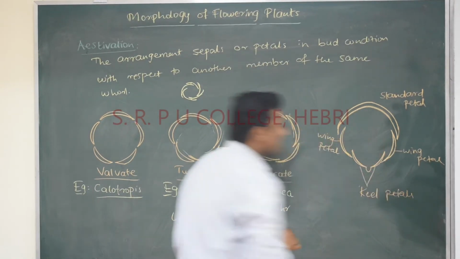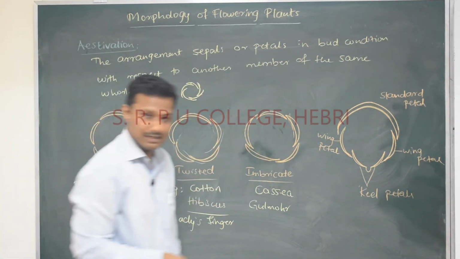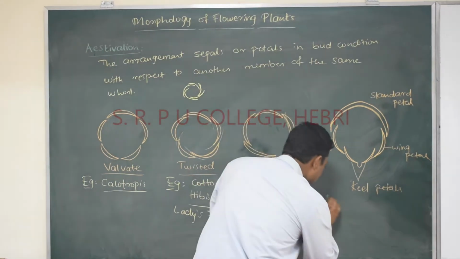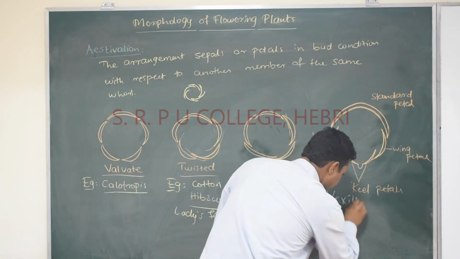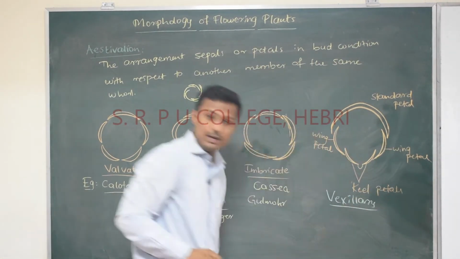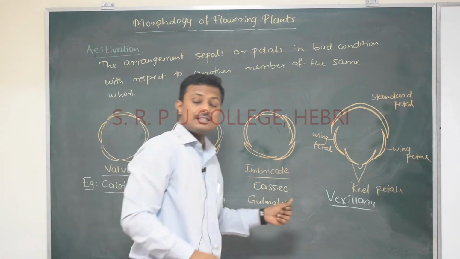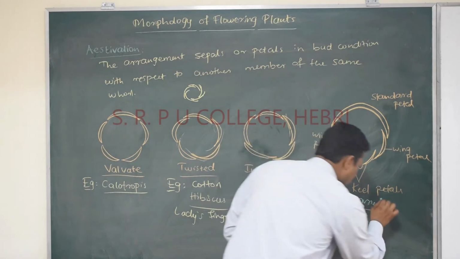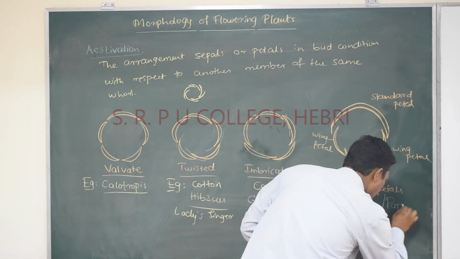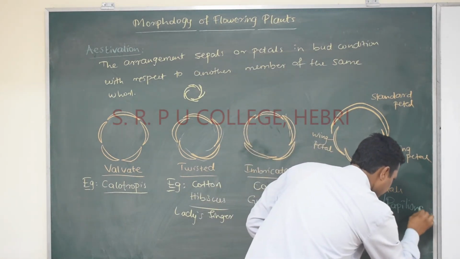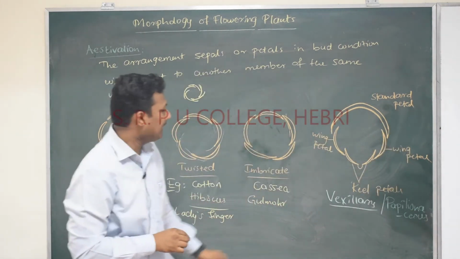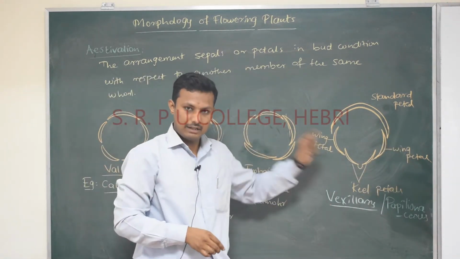So keel petals, they are joined at the base, and this kind of aestivation will be called as vexillary aestivation. Vexillary aestivation, right? And this kind of corolla is also called as papilionaceous corolla, or papilionaceous aestivation.